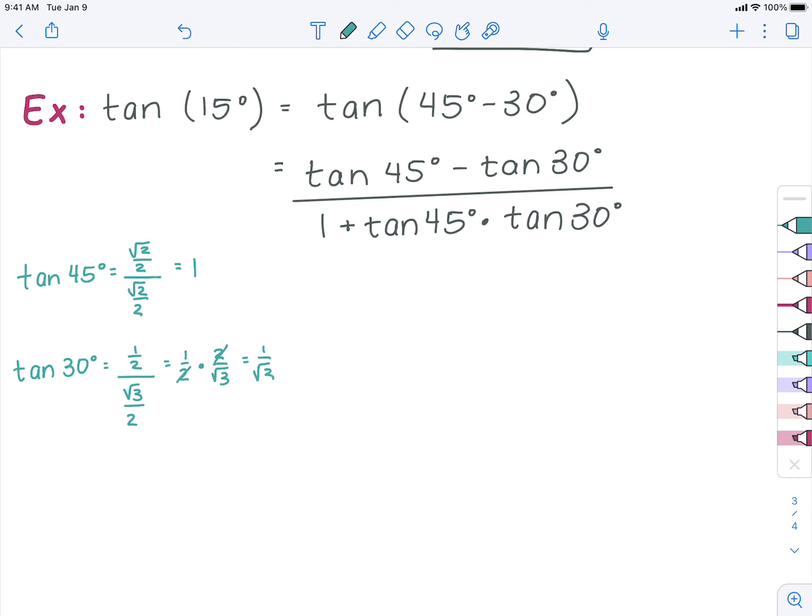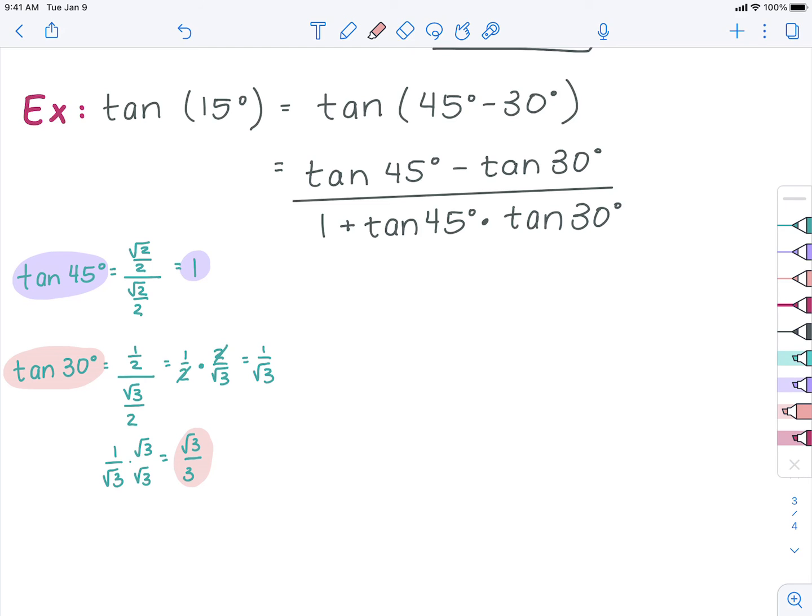I get 1 over root 3. I know that I can't leave a square root in the denominator, so I'm going to rationalize it by multiplying the top and the bottom by root 3, which gives me root 3 over 3. So anytime I have tangent of 45 degrees in my formula, I'm going to replace it with a 1. Anytime I have tangent of 30 degrees, I'm going to replace it with root 3 over 3.